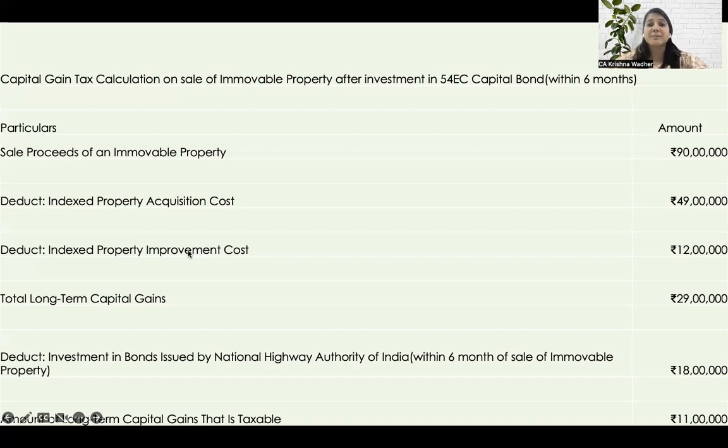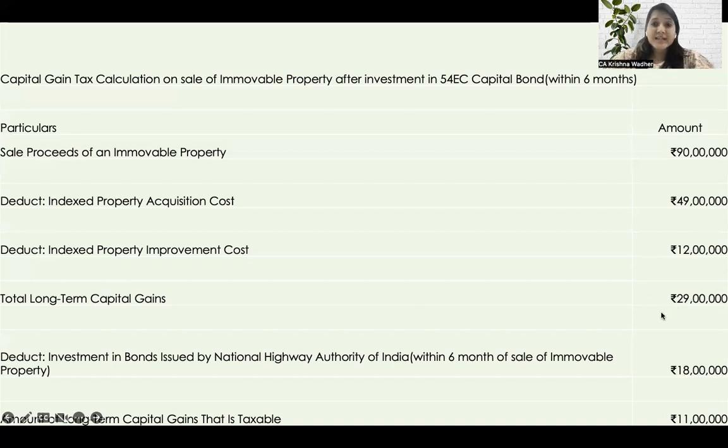And he had made some improvement in the property, and after indexation the cost was 12 lakhs. So these two have to be reduced from the sale proceeds to see how much long-term capital gain is attracted towards this sale. After deducting, we get the balance of 29 lakhs.